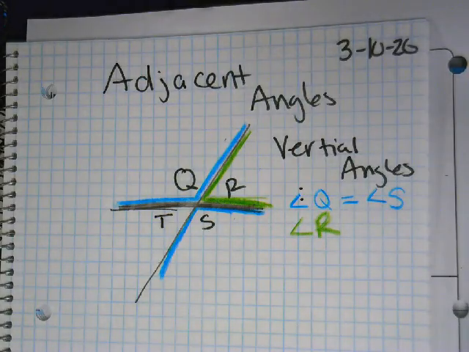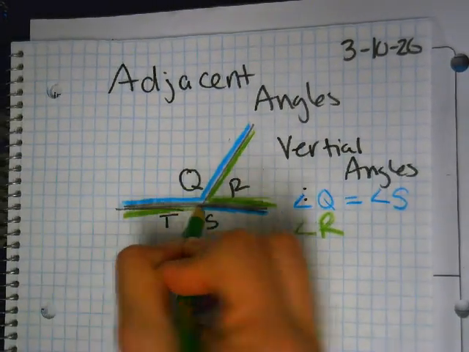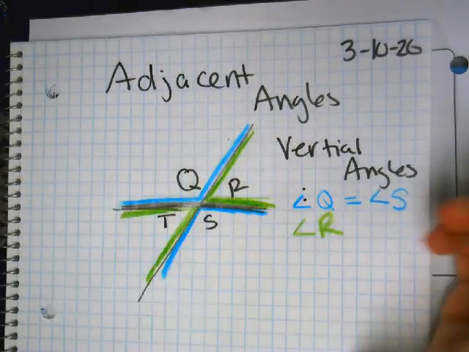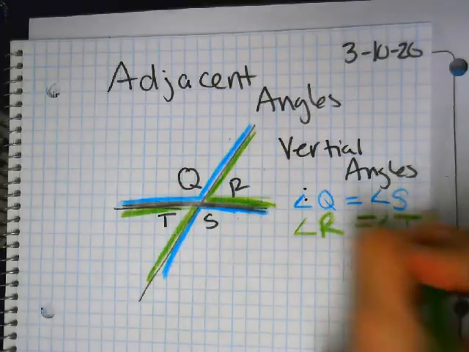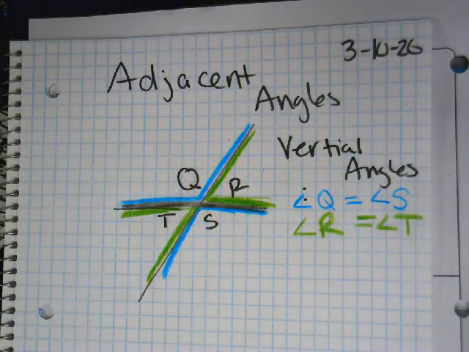T. And they're equal. So yesterday, this is what we learned. We learned that vertical angles are equal to each other.